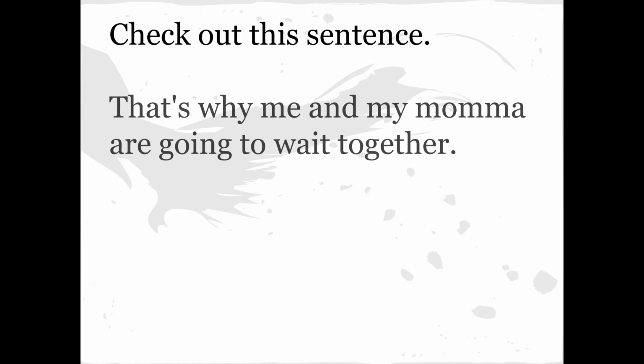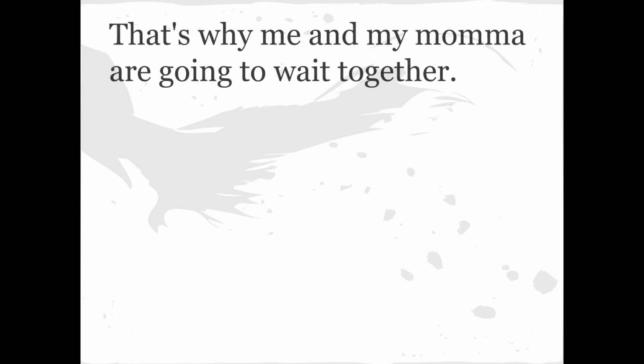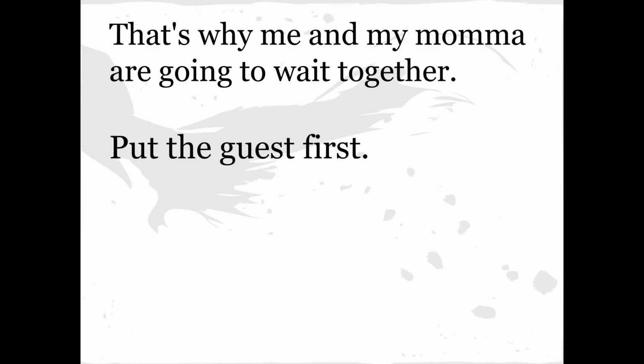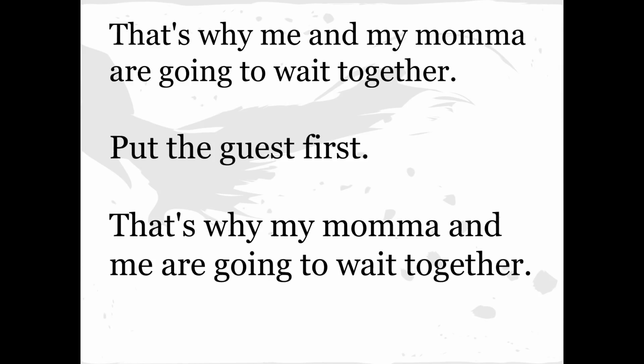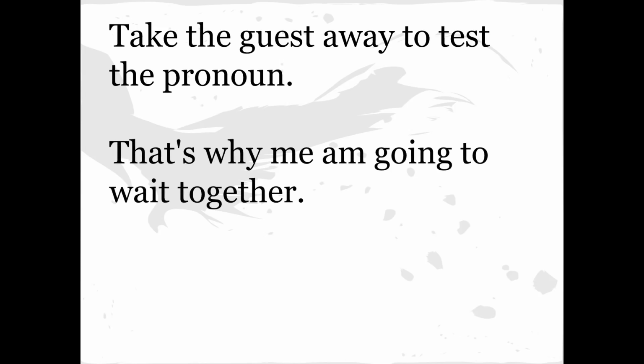So check out this sentence. "That's why me and my mama are going to wait together." What case? How do we know it is correct? We start by putting the guest first. "That's why my mama and me are going to wait together." Next, we take the guest away to test the pronoun. "That's why me am going to wait together."